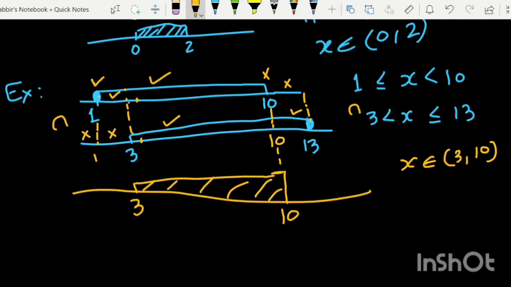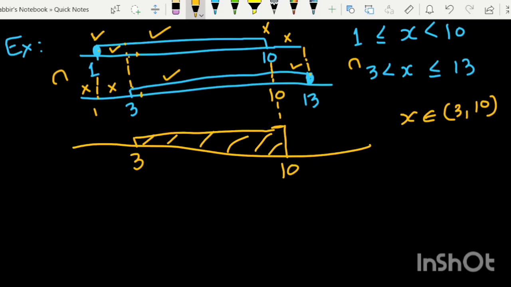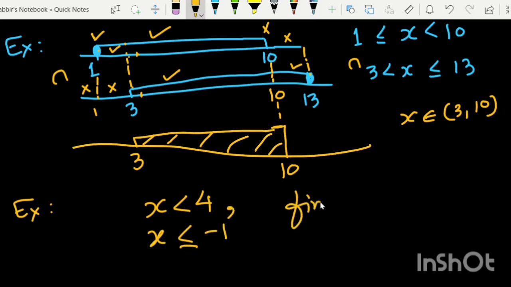Now let's do one more example, you can also try it. x less than 4, x less than or equal to minus 1, find x. So again the method is the same.